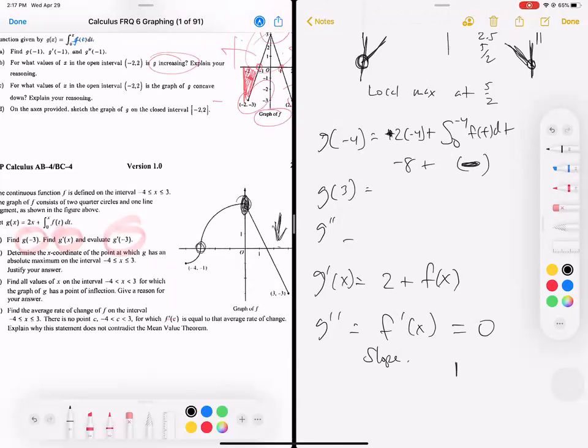F prime is negative. What's f prime on the left side? F prime is positive. So we do change from positive to negative, so we do have a point of inflection. So we say a sign change only at x equals 0. Do we have a sign change here? No, we don't. That goes from positive to positive.